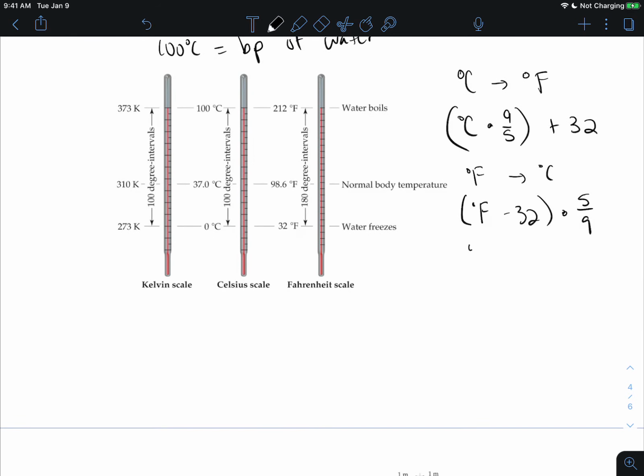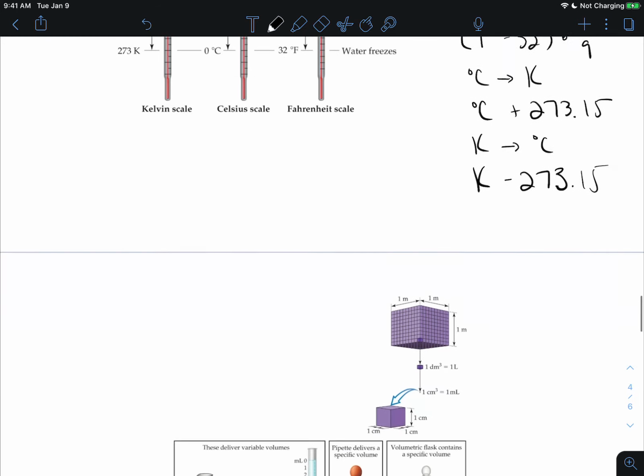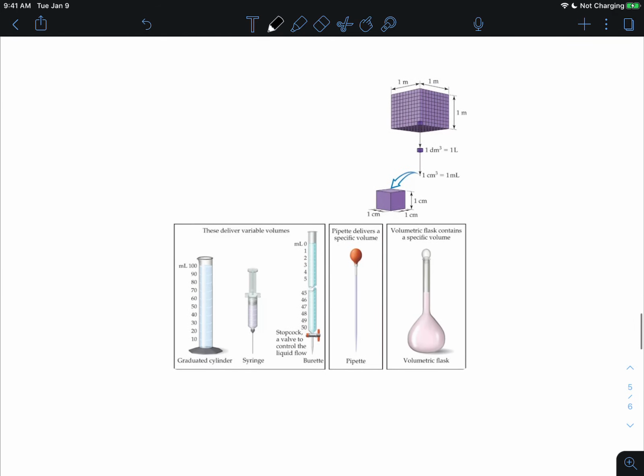If we want to go from degrees Celsius to Kelvin, we take our degrees Celsius and we add 273.15, and then Kelvin to degrees Celsius, we take our Kelvin value and we minus 273.15.